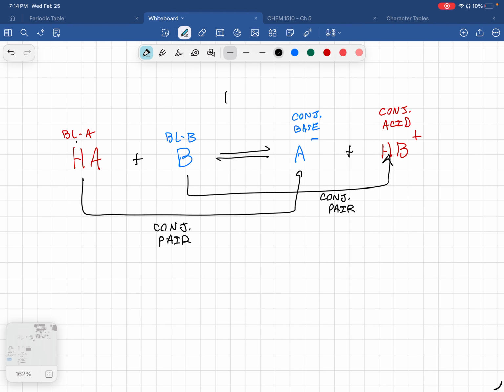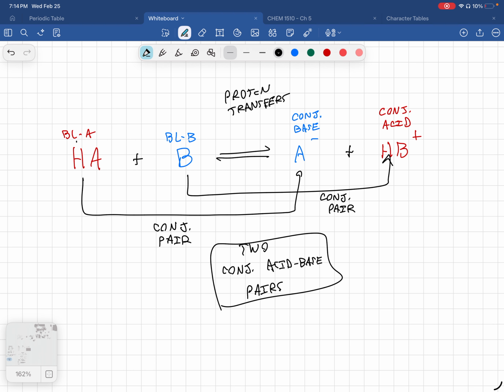So proton transfers are two conjugate acid-base pairs. Whenever you have a proton transfer, you have the acid converting to its conjugate base form and the base converting to its conjugate acid form. That's why we need to have this terminology.